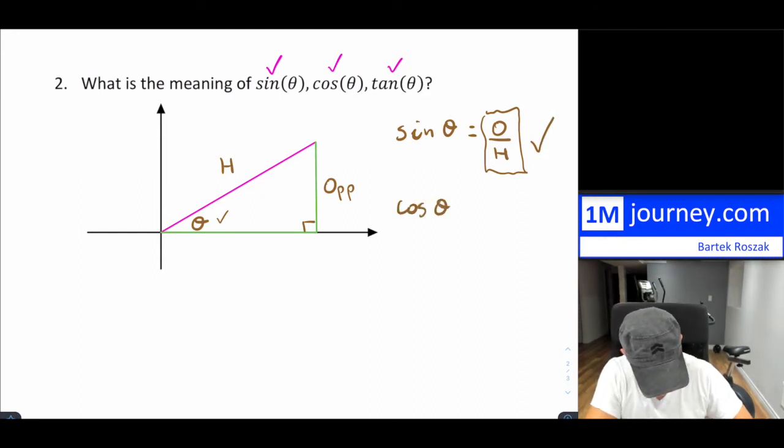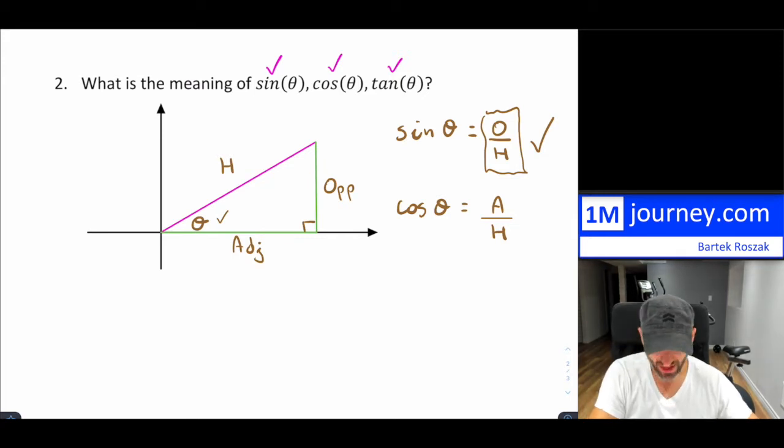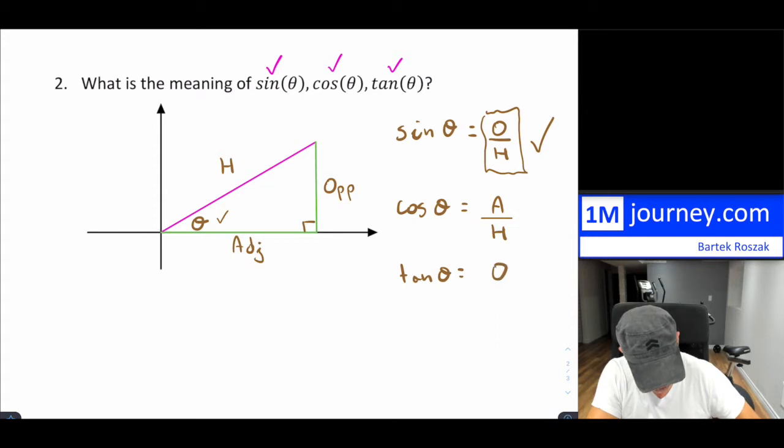Cos theta simply means that now you take the adjacent length divided by your hypotenuse. That is the definition of cosine. And then finally, your tangent of your angle is simply your opposite side divided by your adjacent side.